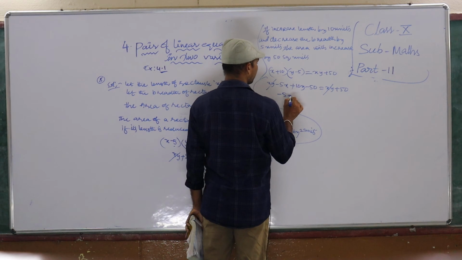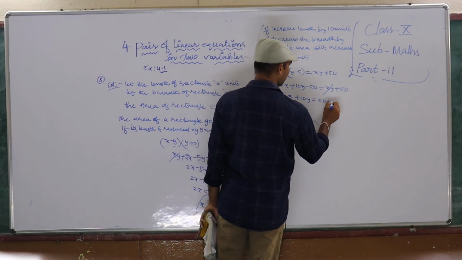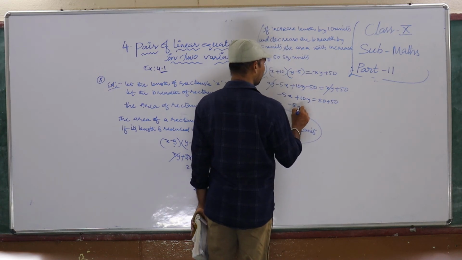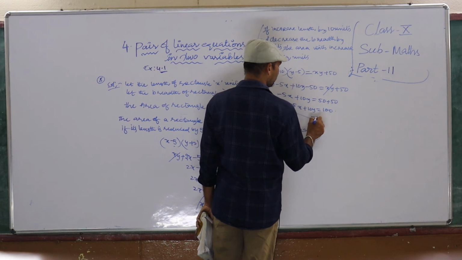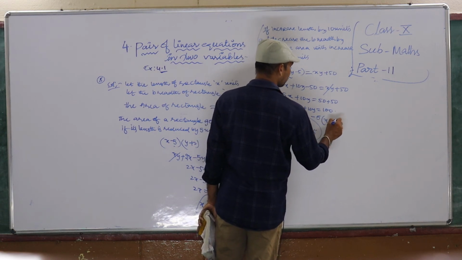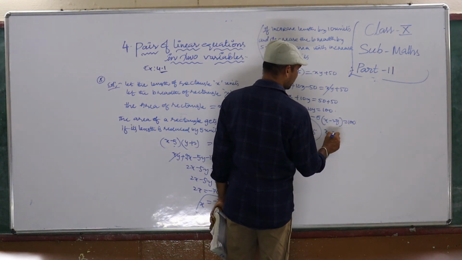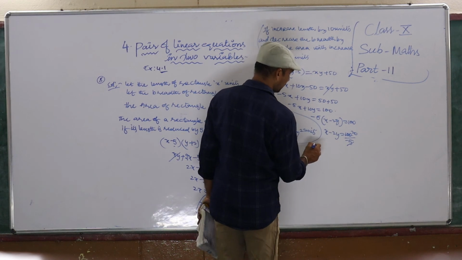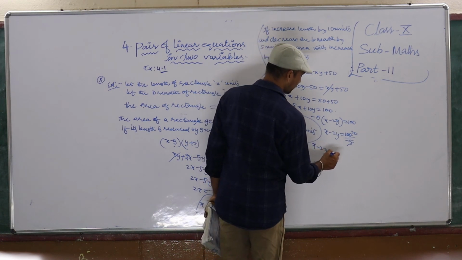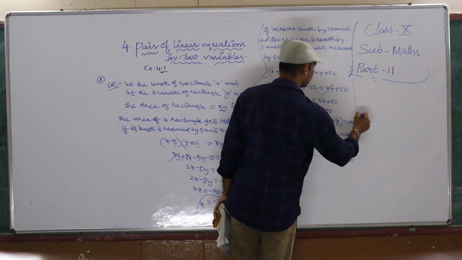Then minus 5x plus 10y is equal to 50 plus 50. Then minus 5x plus 10y is equal to 100. Then if you take minus common, x minus 2y is equal to 100 by minus 5, 5 20s are 100. So x minus 2y is equal to minus 20. This is the equation number 2.